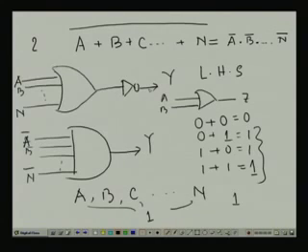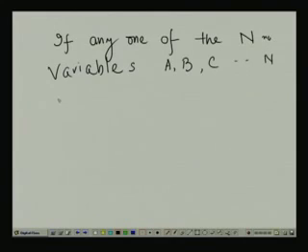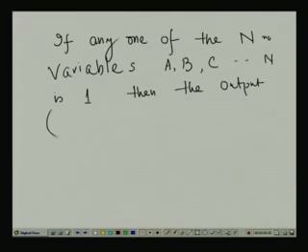So, that means if any one of the n variables A, B, C up to n, or the n number of variables is 1, then the output, actually left hand side output, y equals to 0.